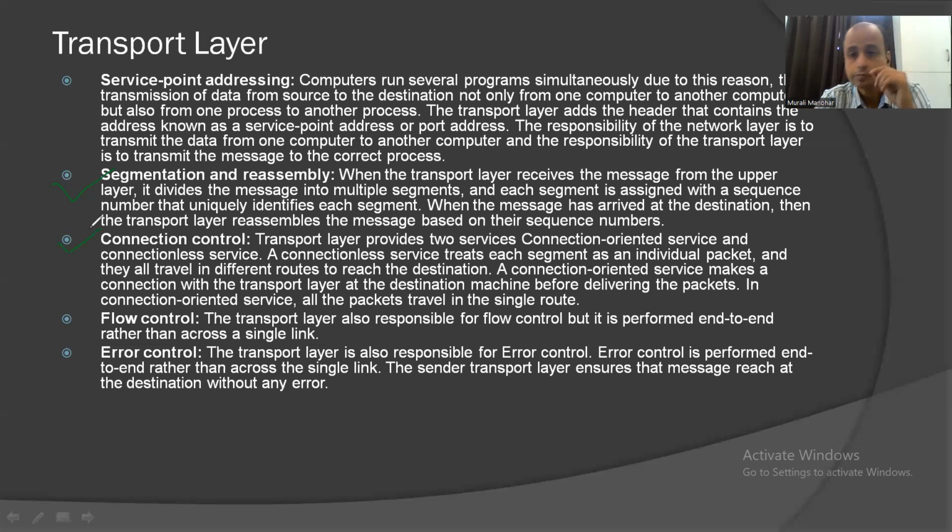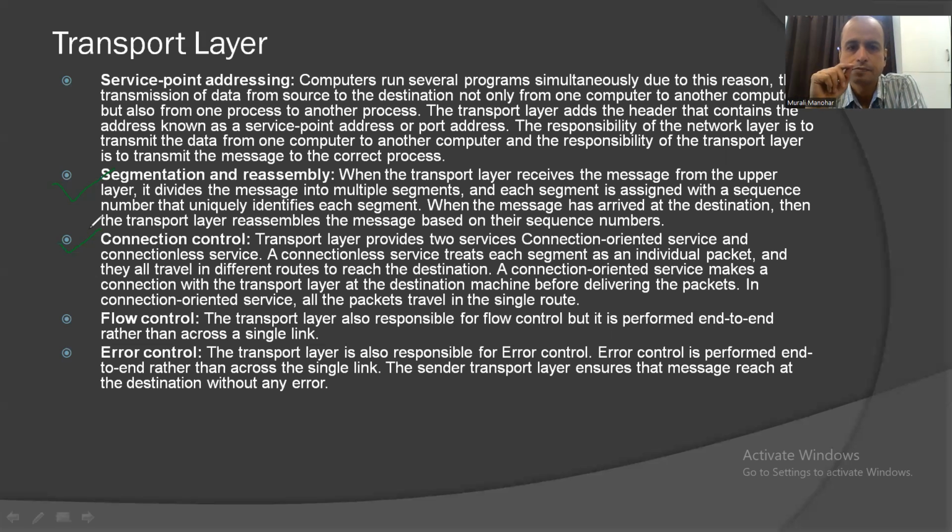Fine. Connection control represents how data will be transferred from one node to another node, or you can say from one process, data generated from one process is transferred to the destination node. How will all these things be managed? The transfer can be done in two modes.